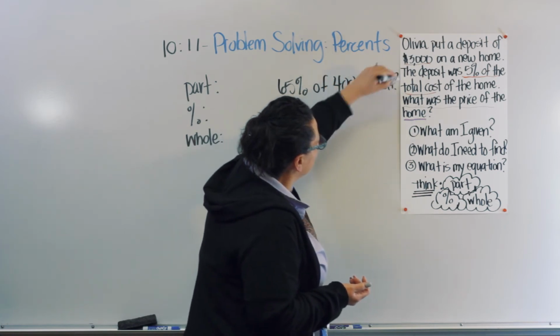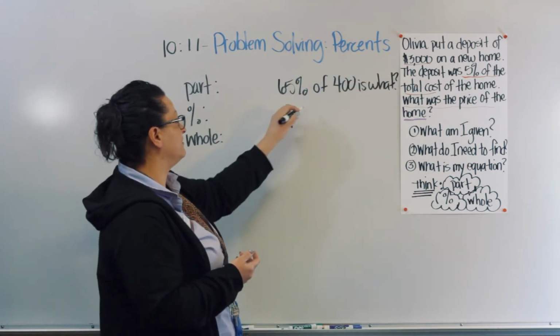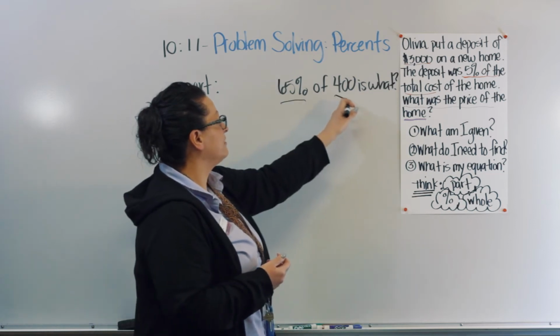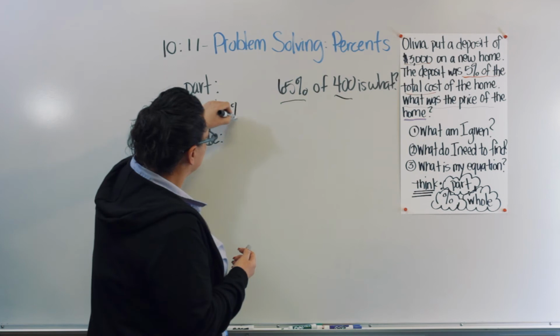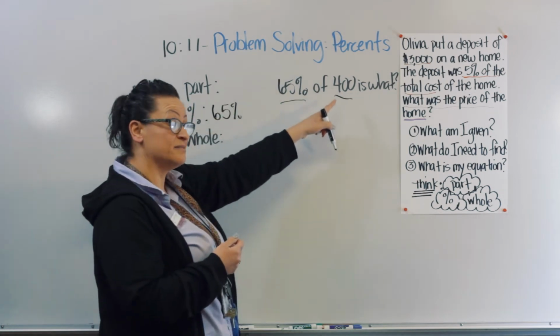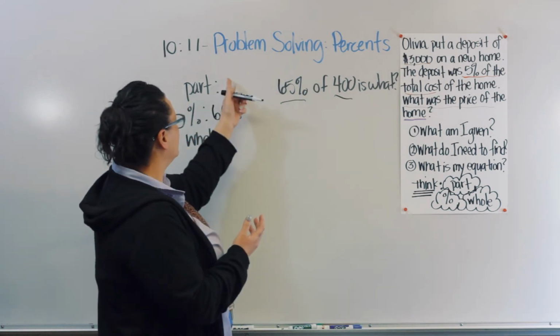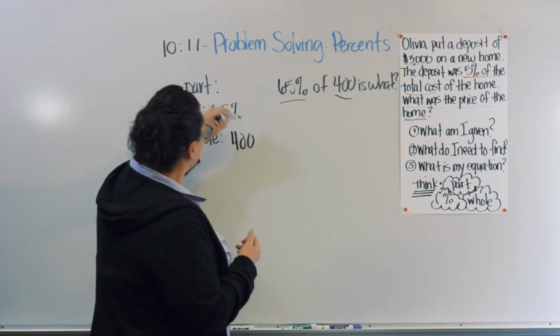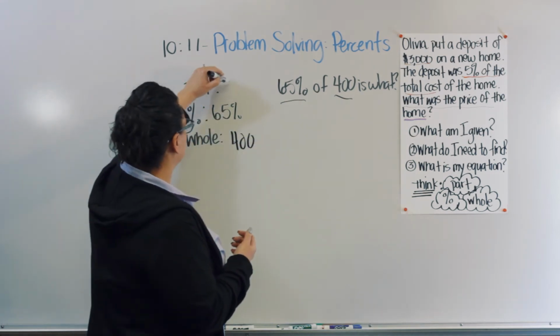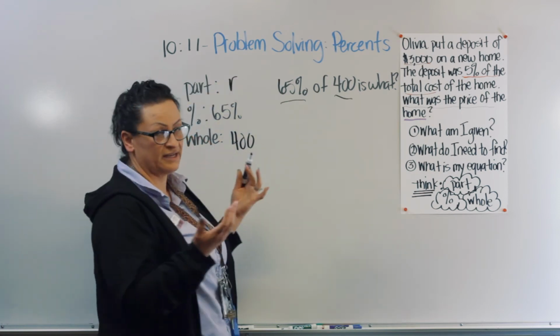All right, so here's my problem. What did they give me? They gave me 65% and they gave me 400. So I know my 65 goes right here, and I know my 400 is my whole because they want to know what part, right? So we write 400 there, and they want to know is what, so let's just say R, variable.